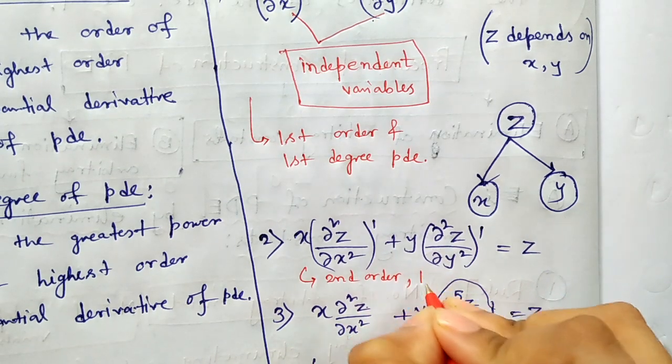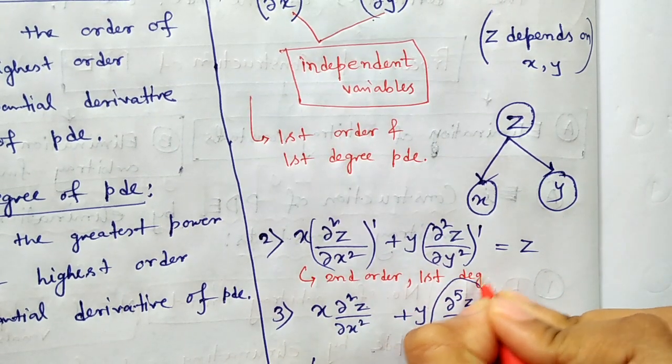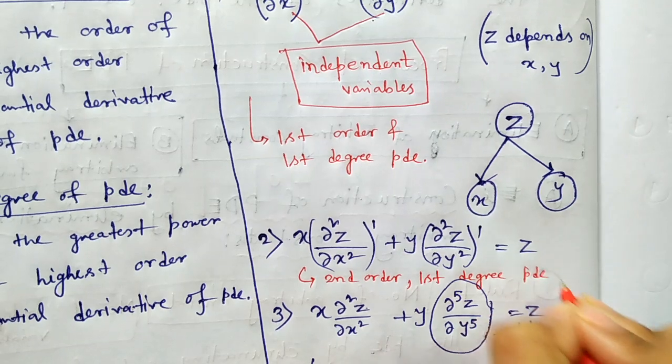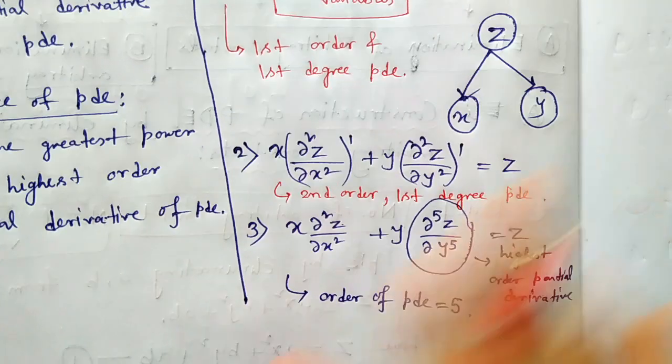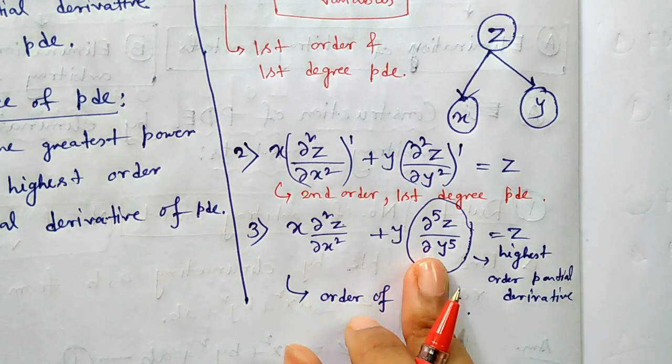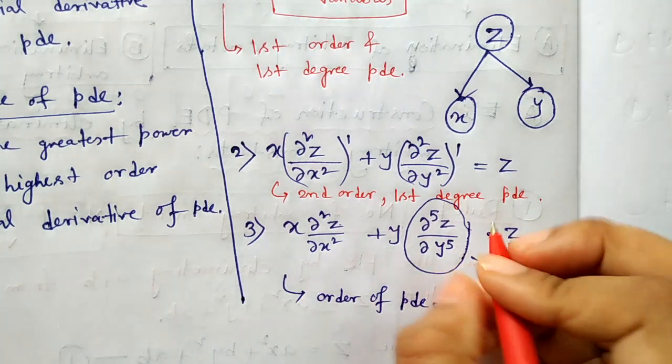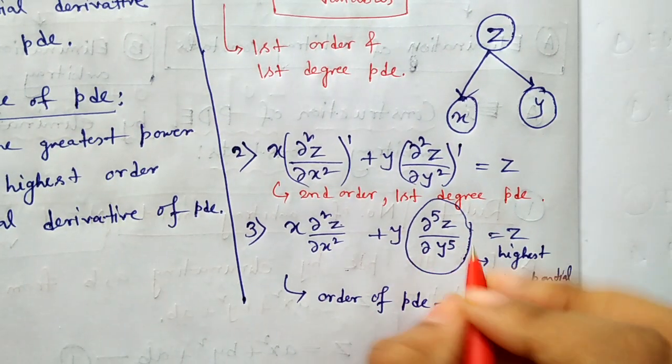So second order first degree PDE, and the third one is, this is the highest order partial derivative and the power is 1.